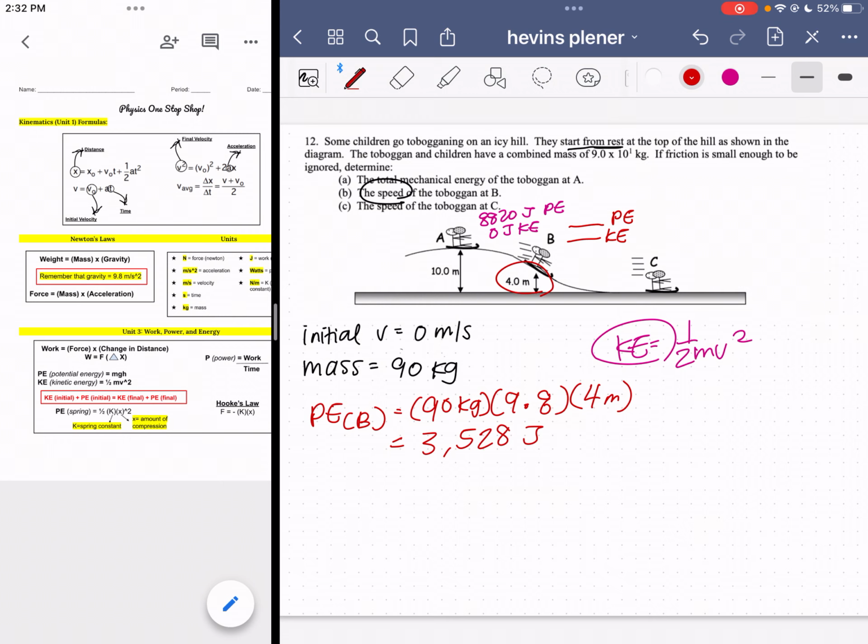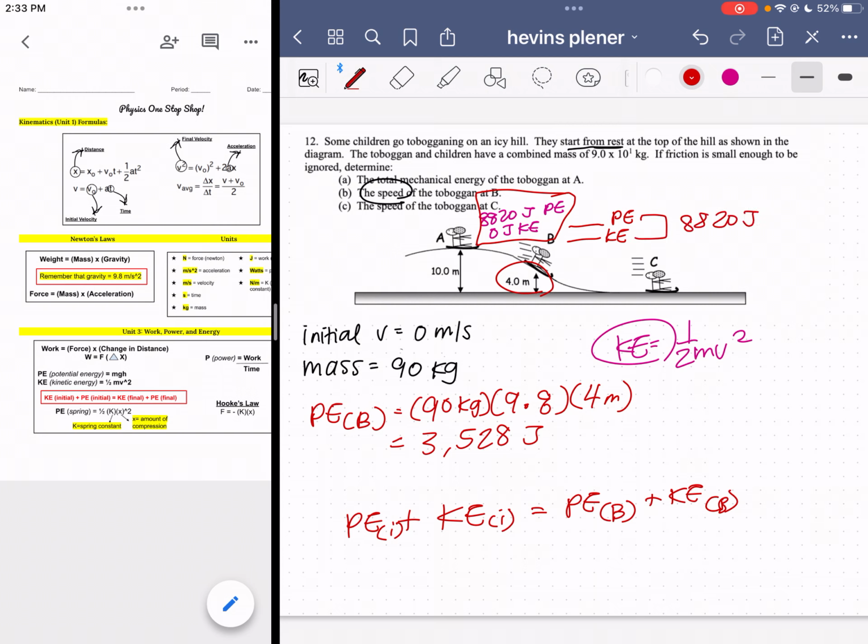Now, how do we find the kinetic energy? The potential energy and kinetic energy at any point, like the initial, should equal the potential energy and kinetic energy of any other point. So if A equals 8,820 joules, then this plus this should equal 8,820 joules.